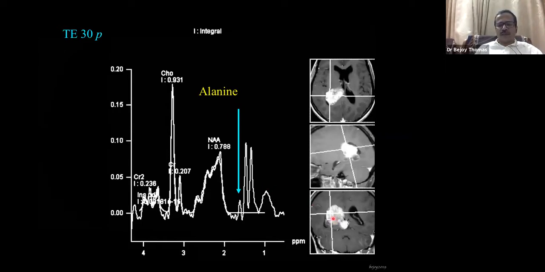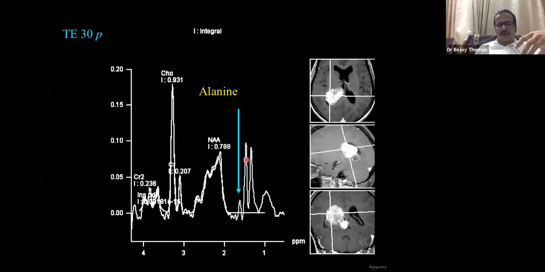How do you prove that? In meningiomas, in addition to lactate, there can be a small alanine peak. We talked about alanine at 1.46, 1.47 or 1.48, for example, on low TE spectroscopy. This is the real usefulness because of J coupling and the shift.